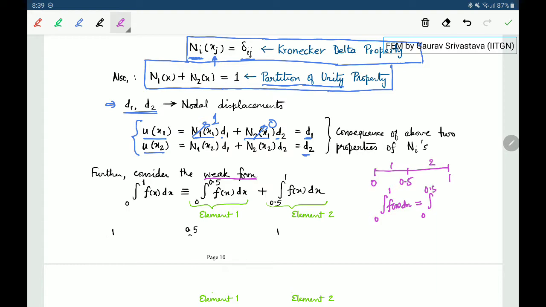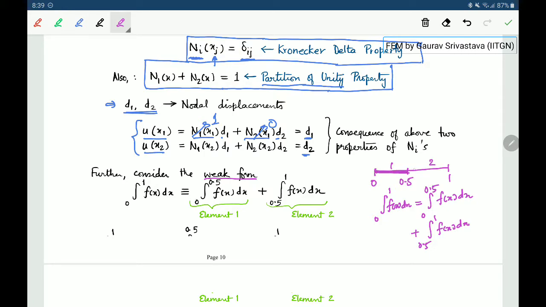will now be broken into two parts. One is from 0 to 0.5 and second is from 0.5 to 1. So this is just breaking down the definite integral into a domain-wise integral.